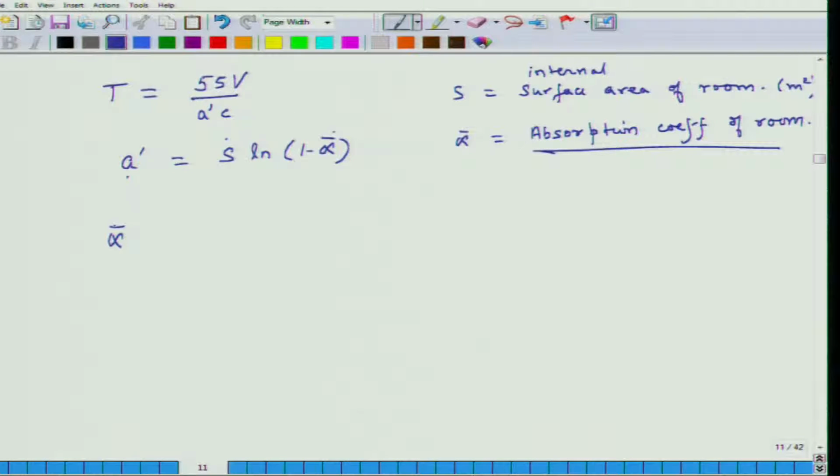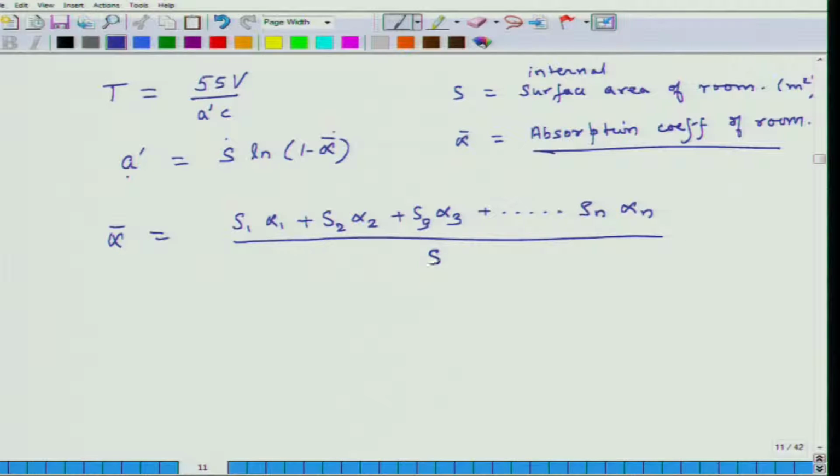So alpha bar is given by another relationship: S1 alpha 1 plus S2 alpha 2 plus S3 alpha 3, and keep on doing this, over S. So this is the formula where S1, S2, up to Sn, they are all areas of individual surfaces.